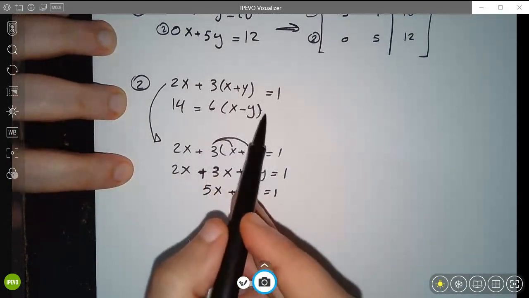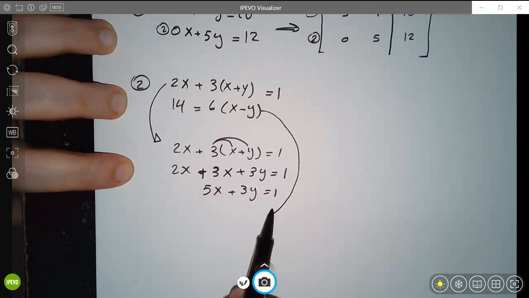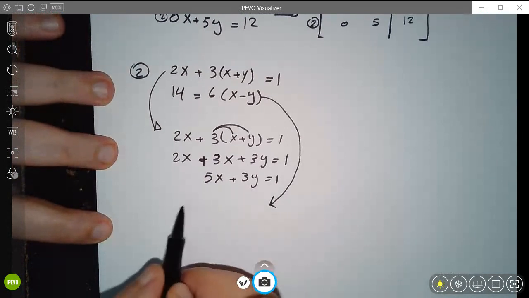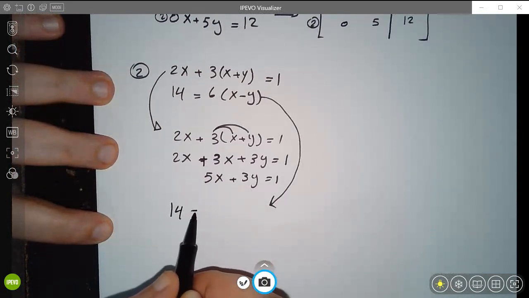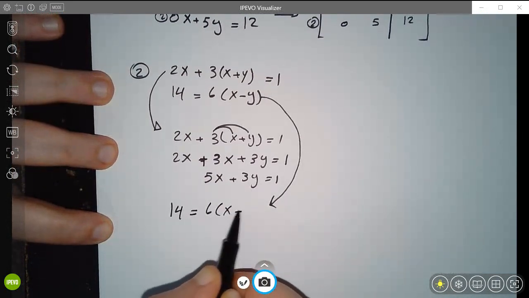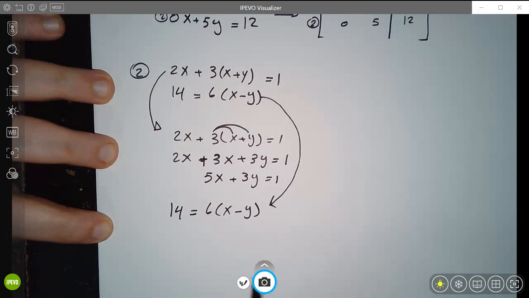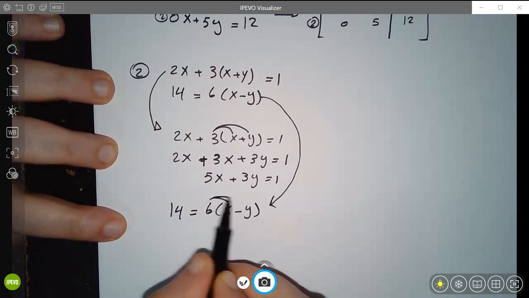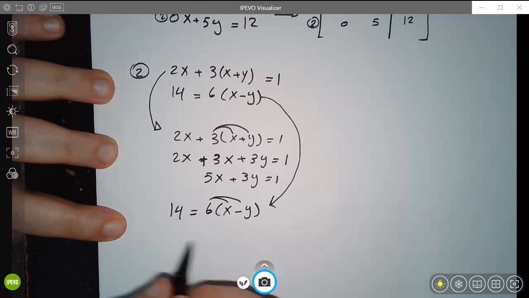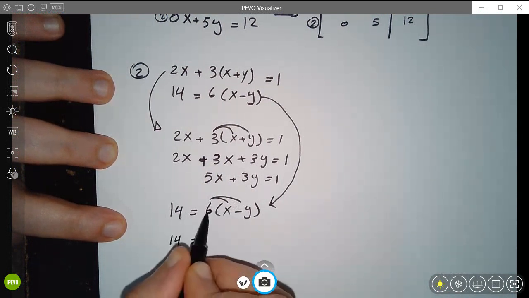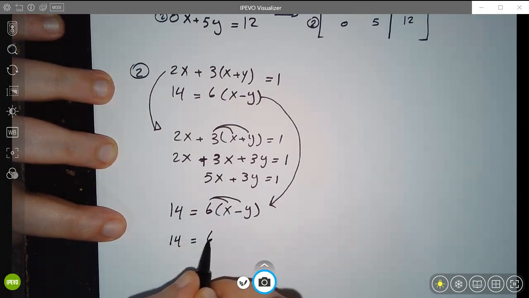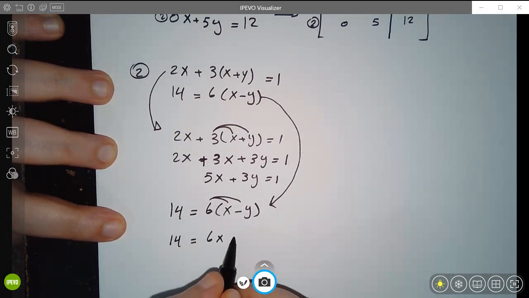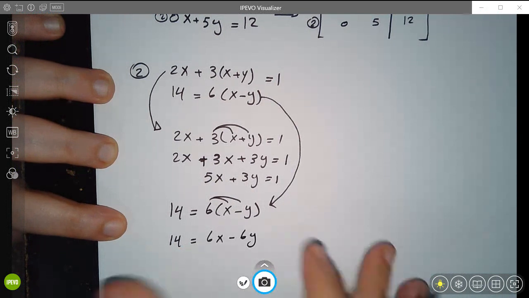Now let's do the second one. I'll do it right here. Now, this equation says we have 14 equals 6 times x minus y. Okay, so this 6 gets multiplied. So we have 14, which equals 6 times x, which is 6x, and 6 times negative y, which is negative 6y.